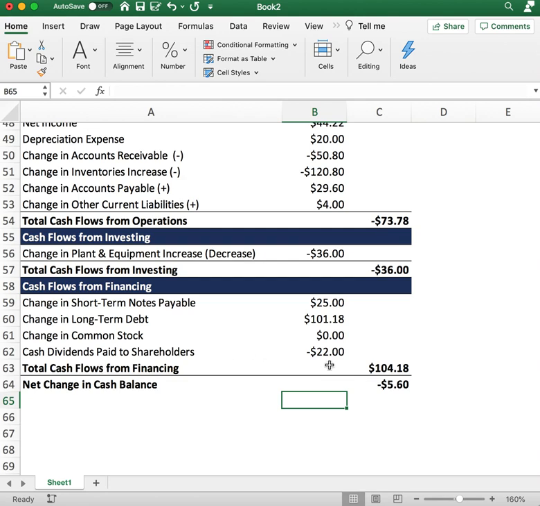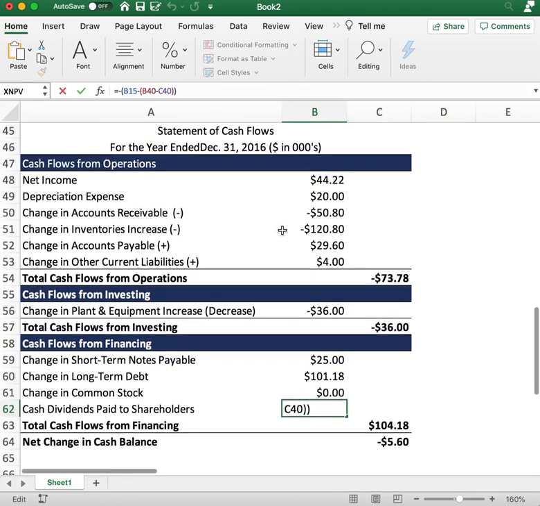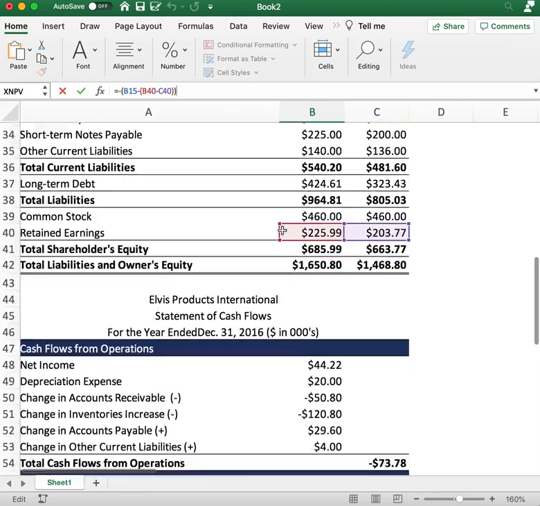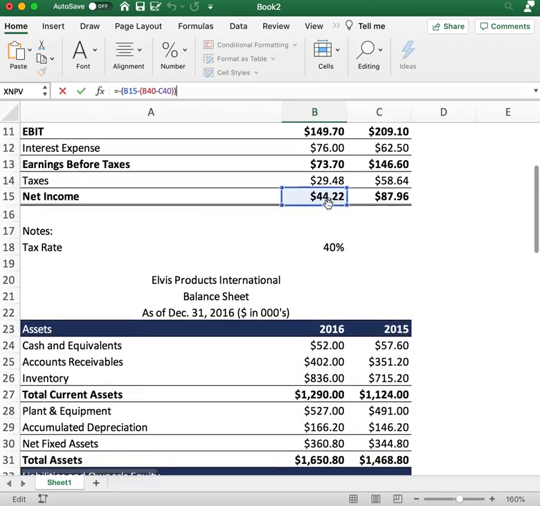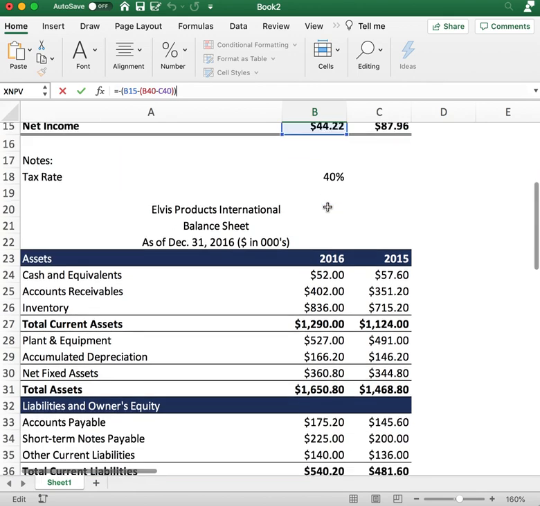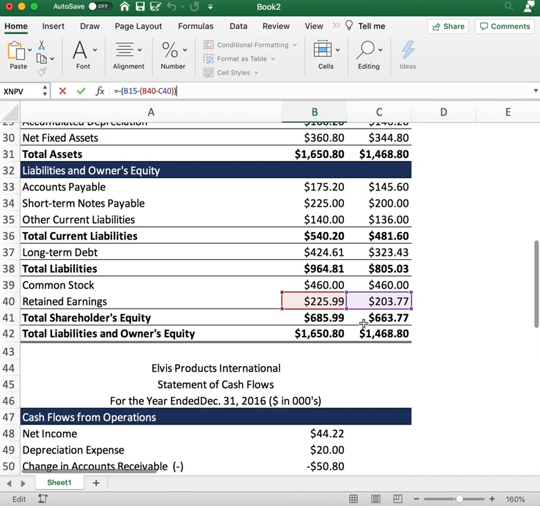The way we're going to calculate dividends is we want to take the net income and we want to subtract the difference of retained earnings. So from the balance sheet, you'll see that the company increased its retained earnings by $225.